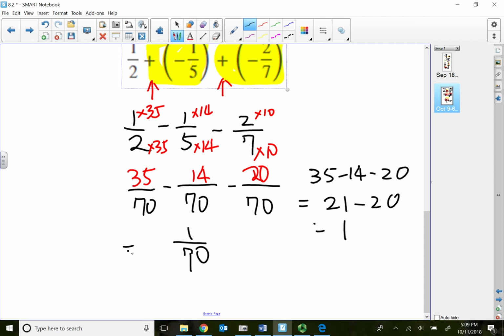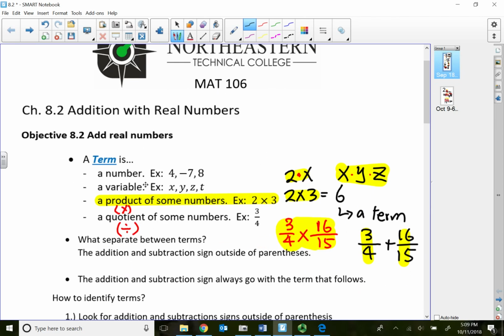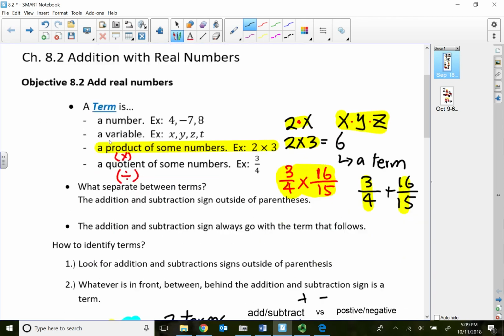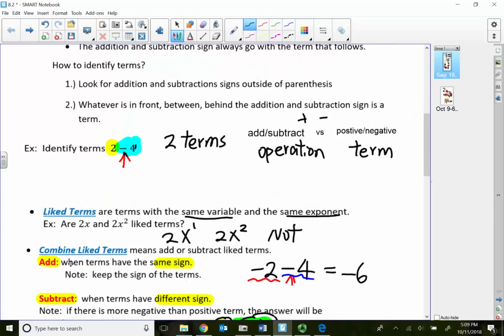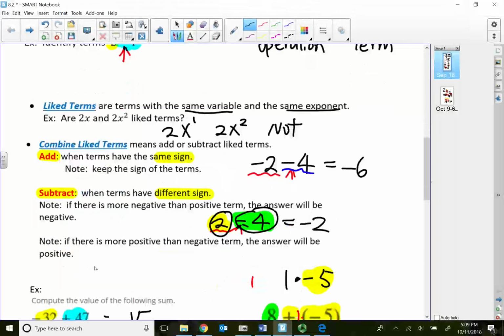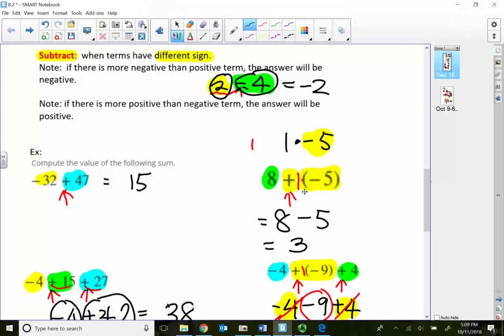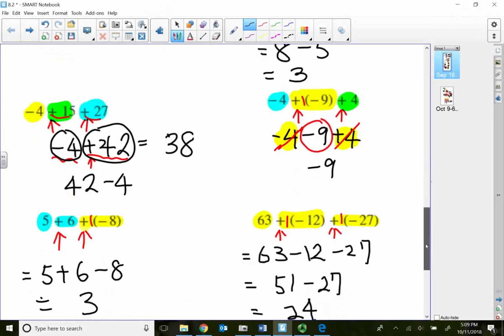All right, so in this lecture video, I show you again what the word term represents, and I will begin to use a lot of this wording. Term, like terms, combine like terms, terms with the same sign we add, terms with different signs we subtract. And always keep in mind, every term can only have one sign.